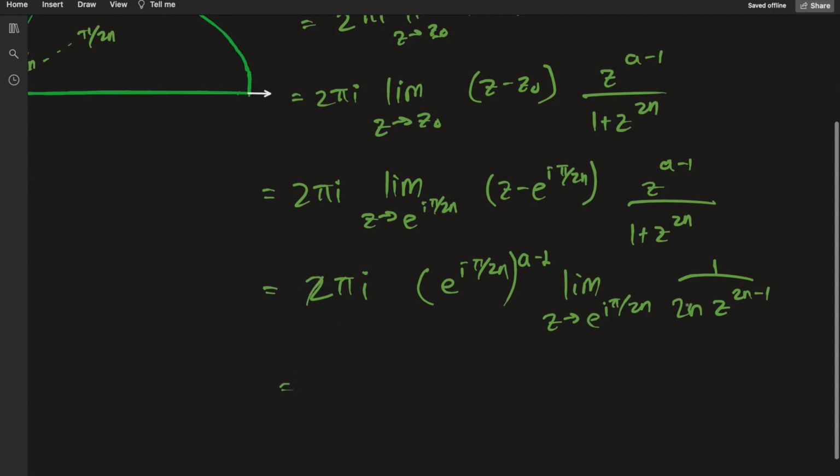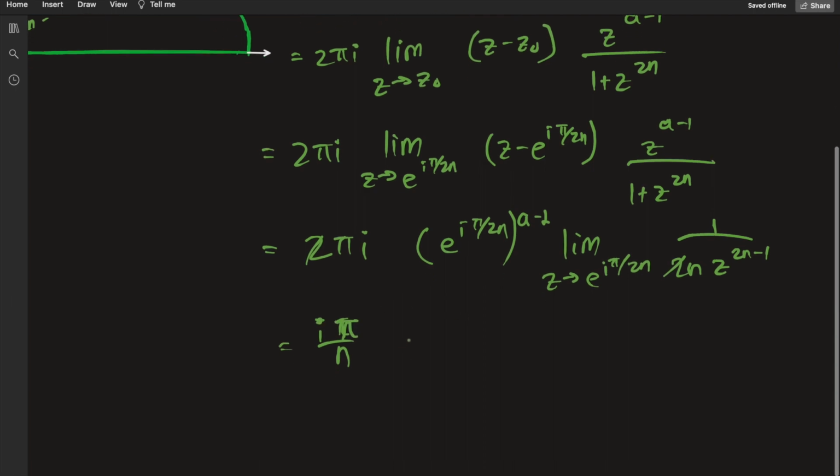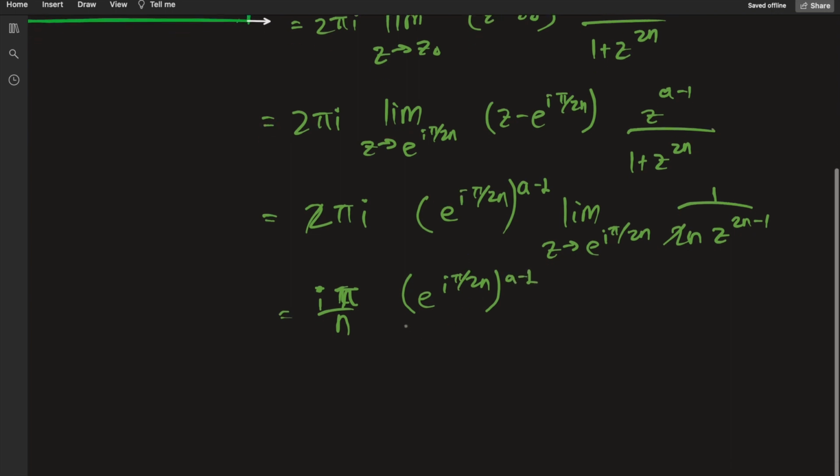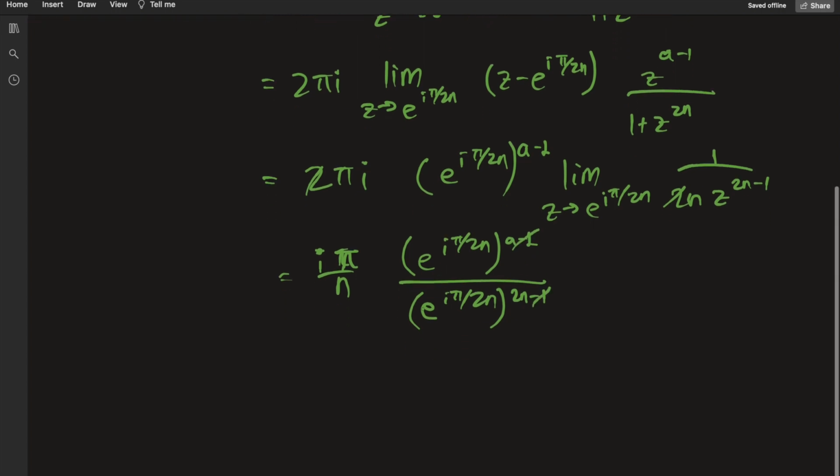So we can cancel out some 2's. We have i pi over n, and e to the i pi over 2n, raised to a minus 1, over e to the i pi over 2n raised to the 2n minus 1. So this guy cancels with this.